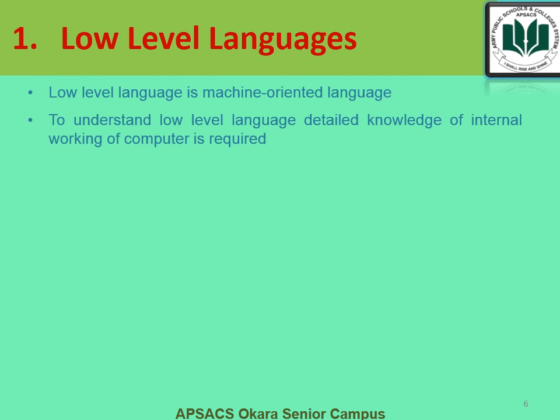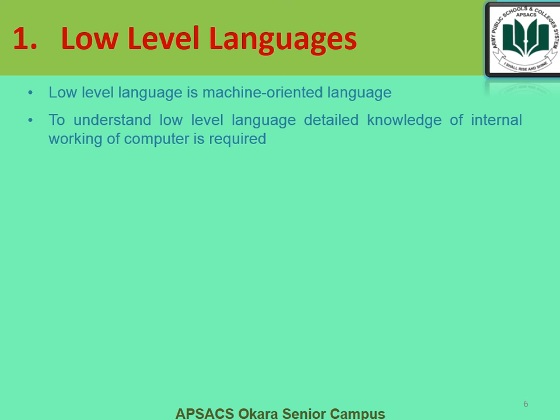To understand low level language, detailed knowledge of the internal working of the computer is required, because low level language uses special symbols and special codes. So we have to have detailed knowledge of the internal working of the computer, that is, how the computer works inside.